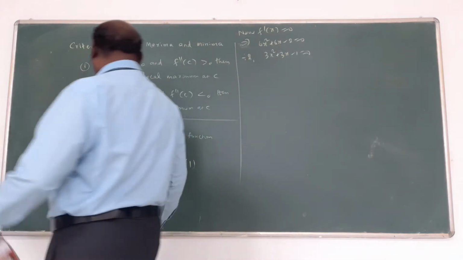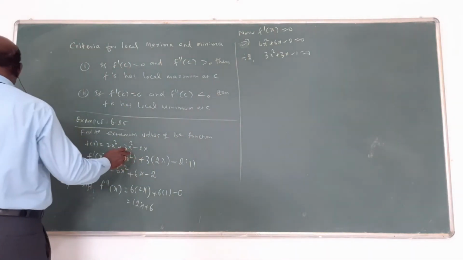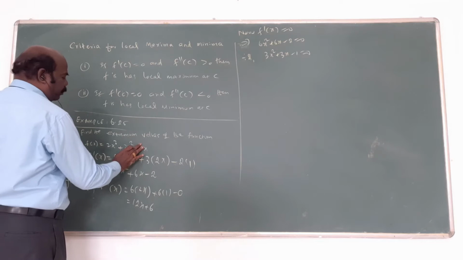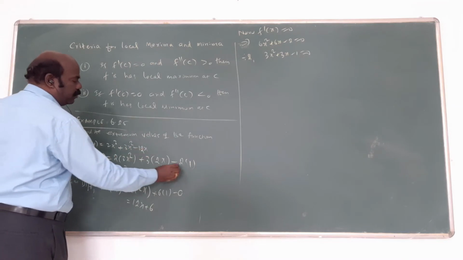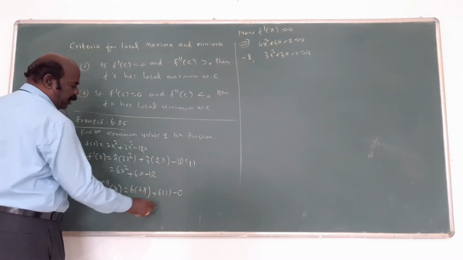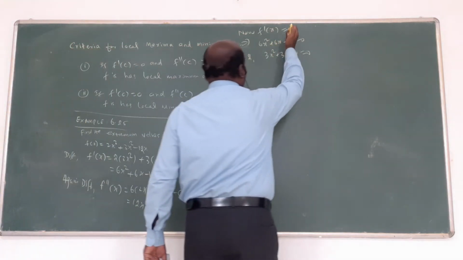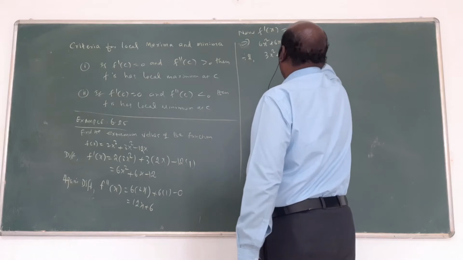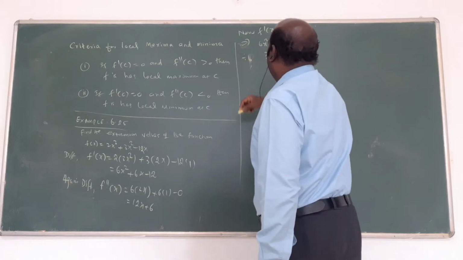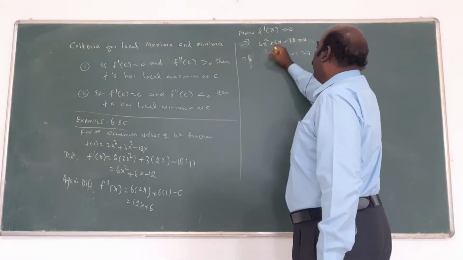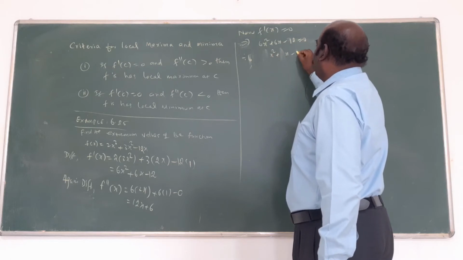Actually, the question is not 2x, it is 12x. Now, 12 means what is common to both? 6 is common. Then we will say x square plus x minus 2.